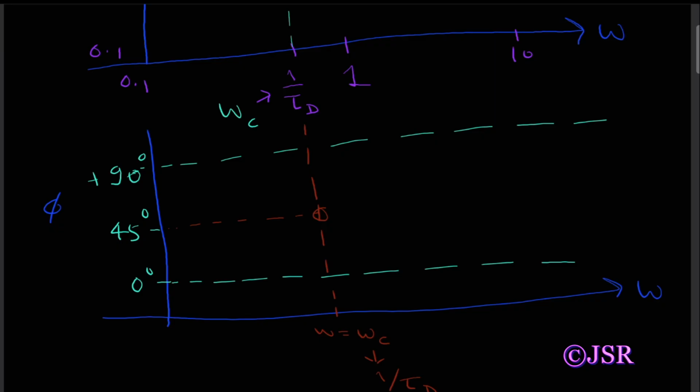When omega tends to 0, this tan inverse 0 equal to 0, so the angle is 0.